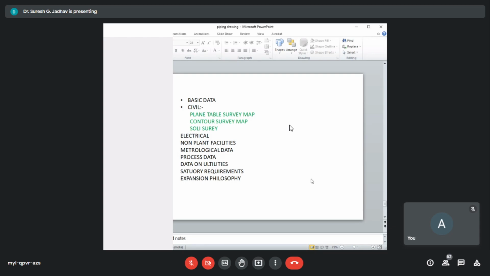This will also show the geographical north direction, and the location of power and water connections.